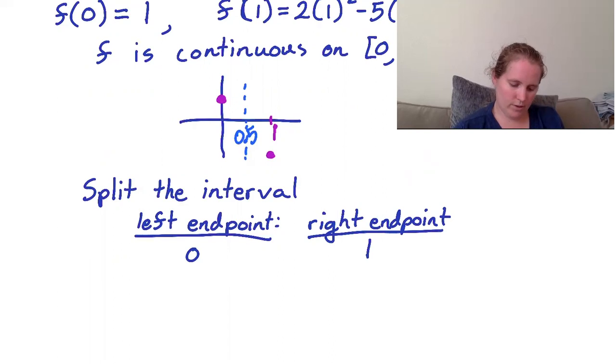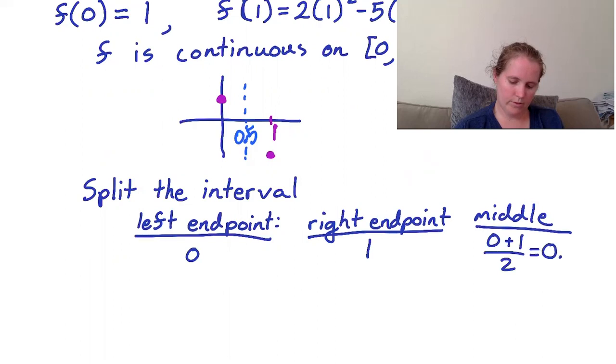And so the middle was at 0 plus 1 divided by 2, or 0.5. So these are our x values. And now our y values.